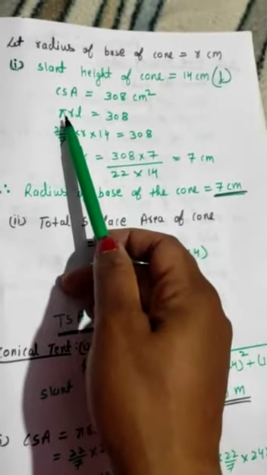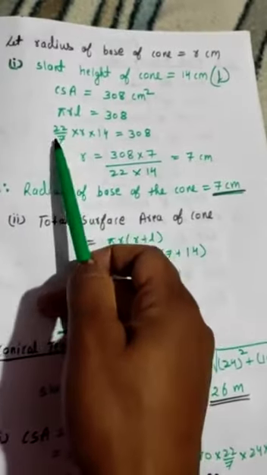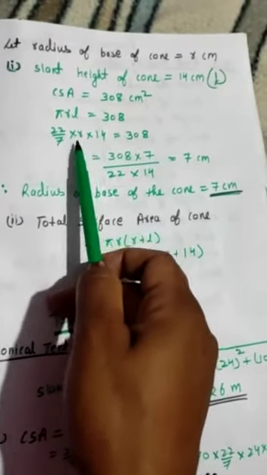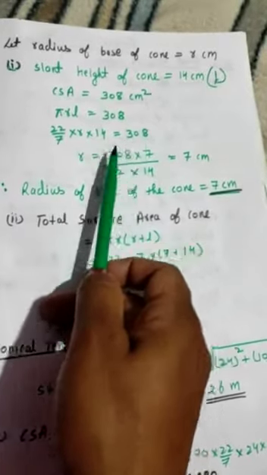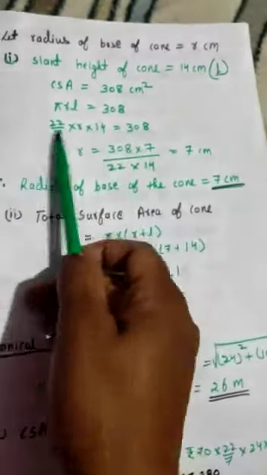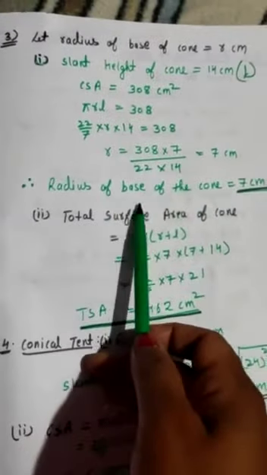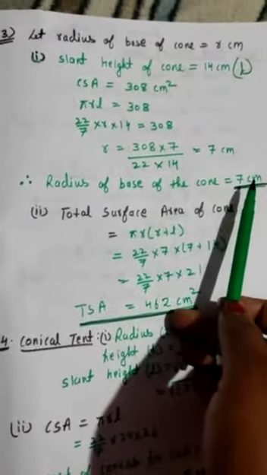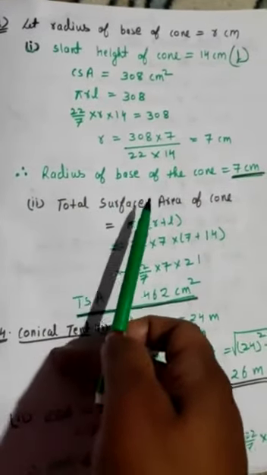And whatever values you have, just put those values in this equation, which is 22/7 into r. The radius value you don't know, so write r over there, into 14 is equal to 308. So just simplify, and the radius will be 7 centimeter. So the radius of the base of the cone is 7 centimeter, and using this you have to find out the total surface area.